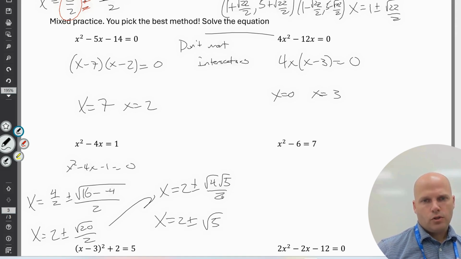Root 4 is 2. 2 over 2 is 1. So I just have plus 2 plus or minus root 5. This is my vertex. This is the distance to my solutions.